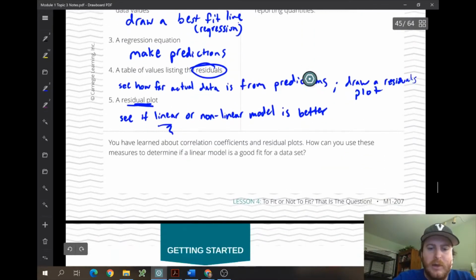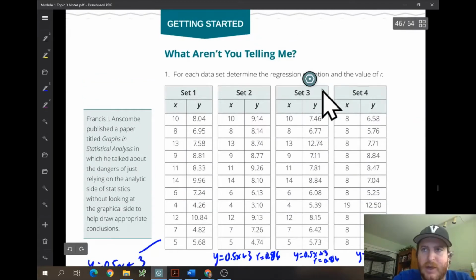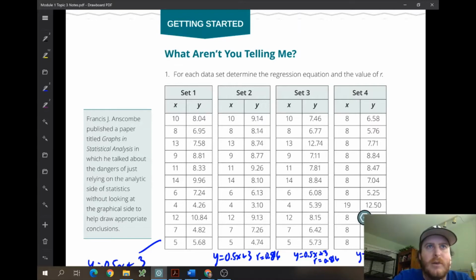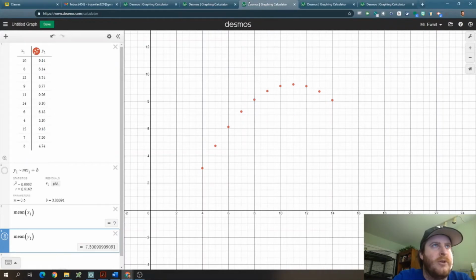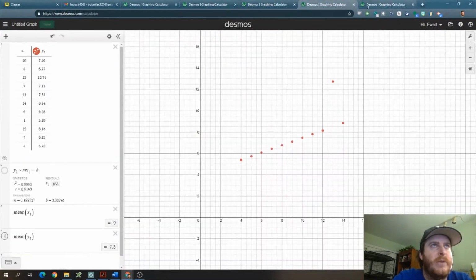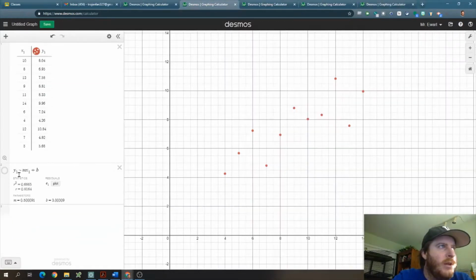So jumping into this, we have four data sets to take a look at. And each one of these data sets is a little bit different. You don't have to graph these. I already did it for us. So here is graph 1, graph 2, graph 3, and graph 4. And so I went in and I did the linear regression for each of them, that equation, y is approximately mx plus b.